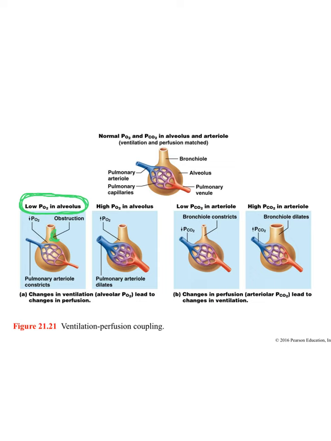Regardless, the amount of oxygen getting to the capillary bed is decreased. How we would fix that is we would dilate the arteriole, which increases the amount of blood that enters the capillary bed, which basically increases the surface area for gas exchange across the capillary bed and the alveolus.